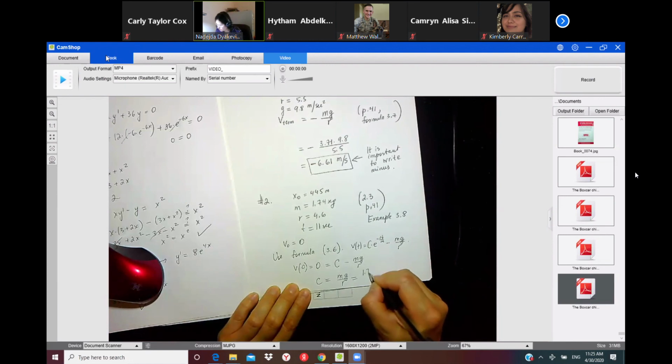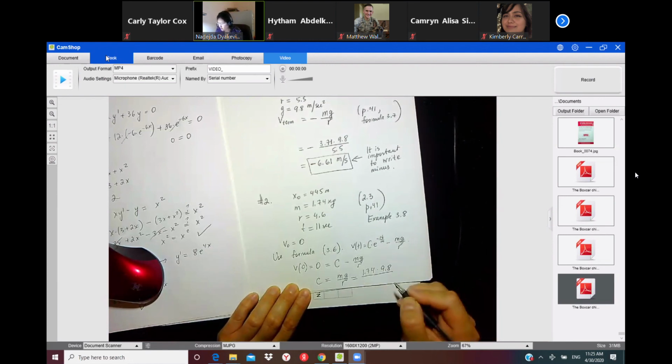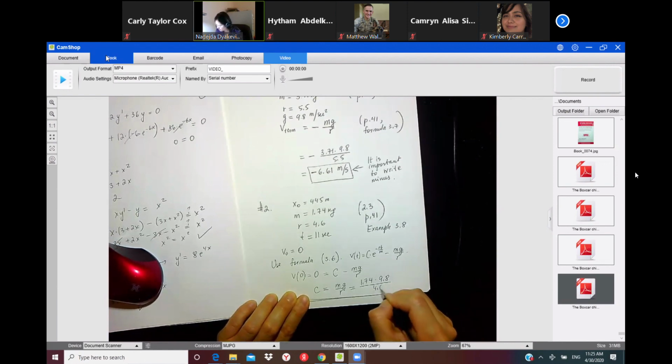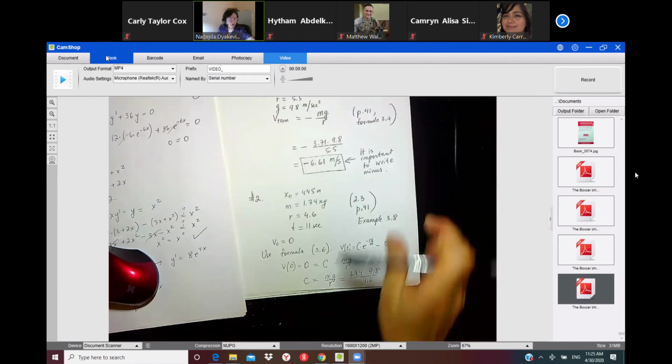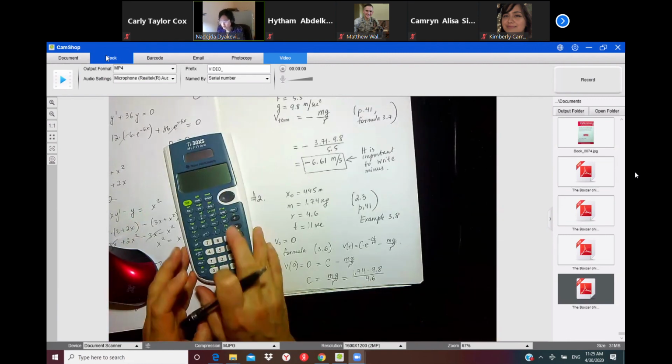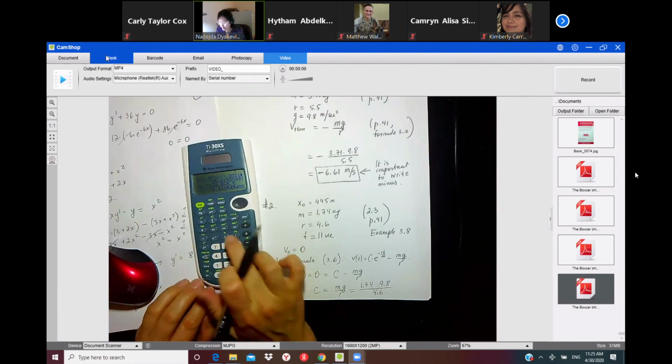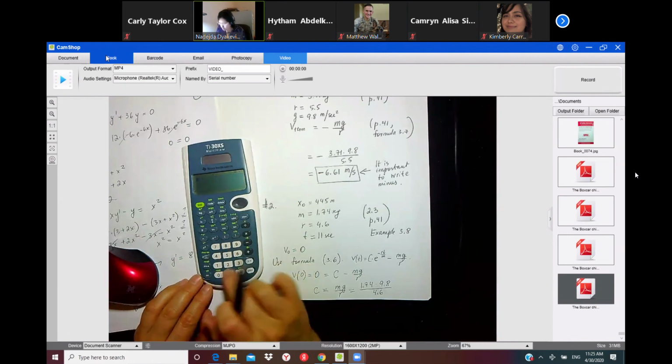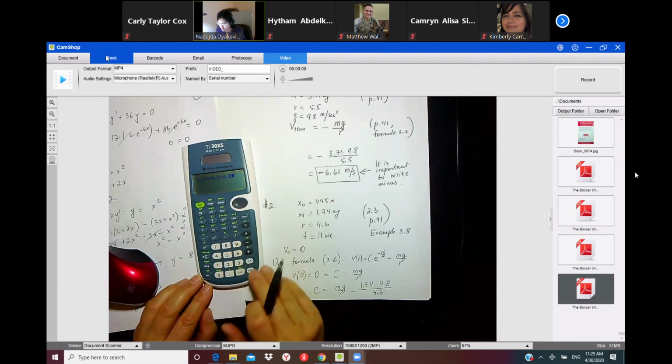M is 1.74, G is 9.8, and R is 4.6. Therefore, let's use calculators. Actually, we don't need parentheses in this case. We just type all the numbers, 1.74, 9.8 over 4.6.